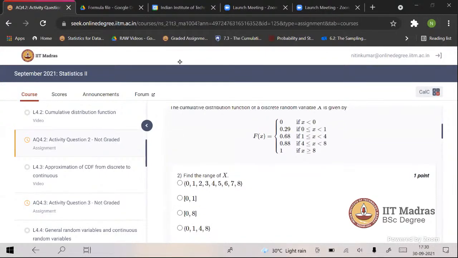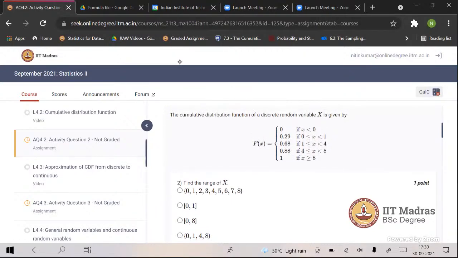Yes, sir. The CDF of a random variable X is given to you, defined in this way. Now you need to find the range of X. How will you find the range of X?